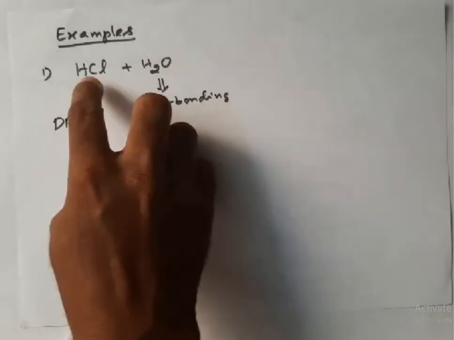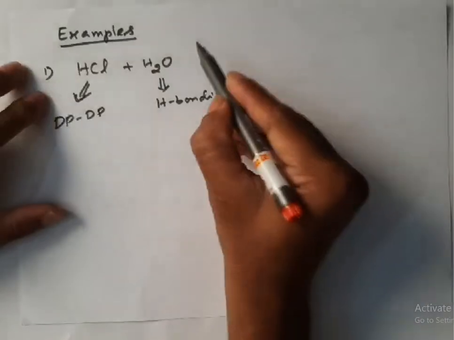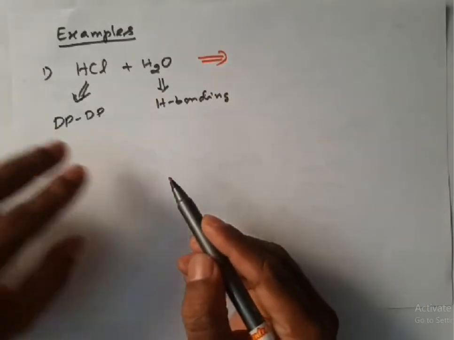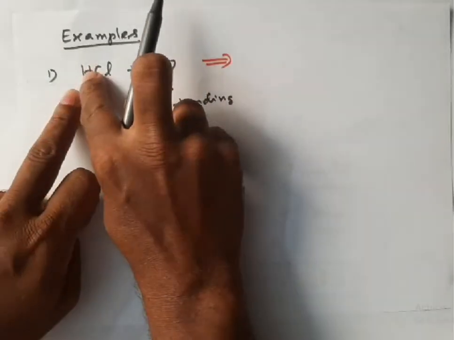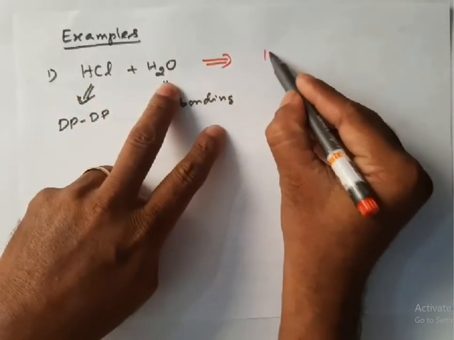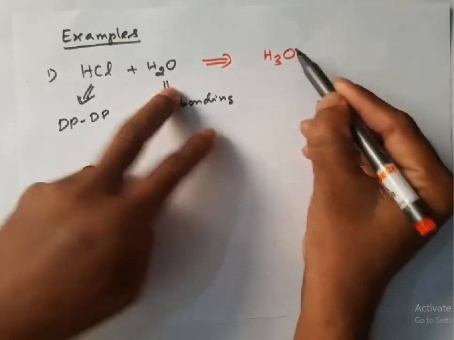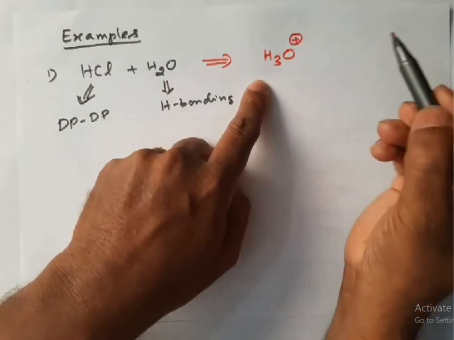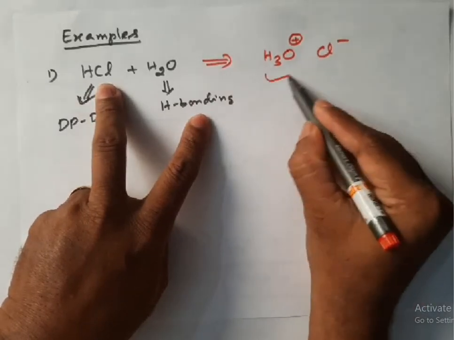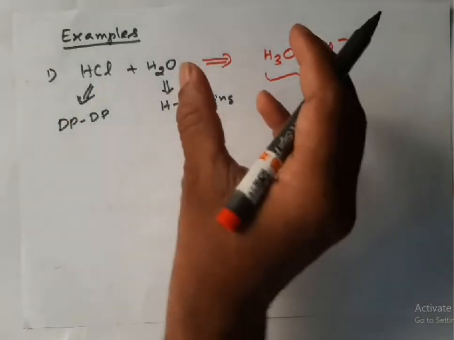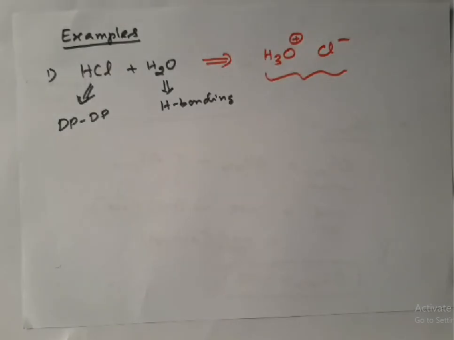But if you mix these two, what will happen? HCl will undergo ionization and donate H plus to water. So water receives the H plus and becomes H3O plus ion, and the chloride becomes Cl minus ion. So now in solution we have positive and negative ions.